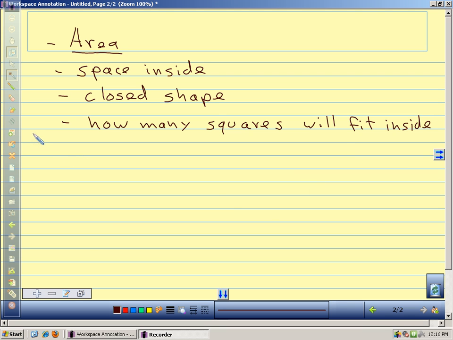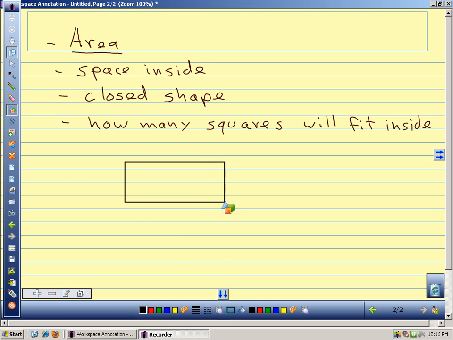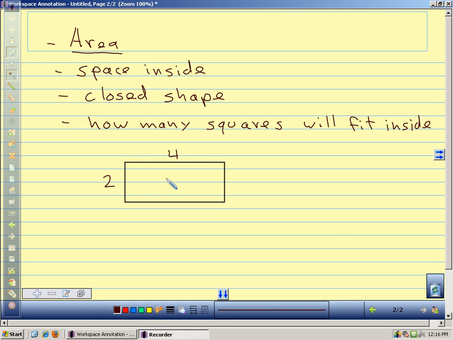And what I mean by that is if we have a rectangle, let me draw a rectangle here. And we say this is 2 units by 4 units. What is the area of that rectangle? Area equals 8 square units.